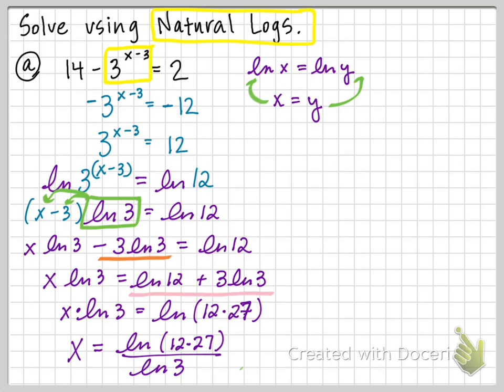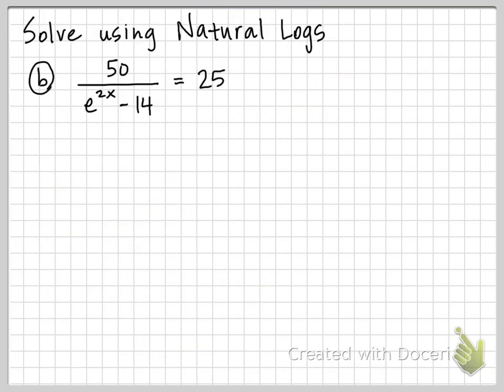Next problem. This next problem says I have 50 divided by e to the 2x minus 14, and I'm equaling that to 25. I'm going to go off to the side and give a fraction rule that I should know. It's okay if you don't. I would just make sure I know this.